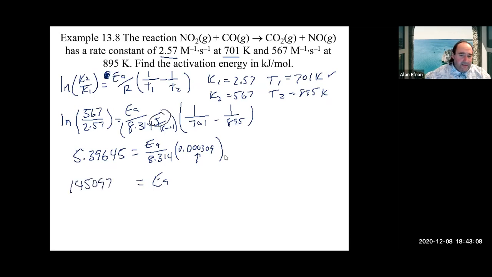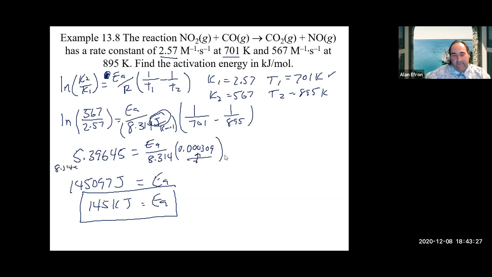Again, the units are going to be joules from the gas constant. And again, turning it into more of a traditional activation energy, 145 kilojoules. So again, we multiplied the 8.314 to the other side, and then we divided by this number to get there.